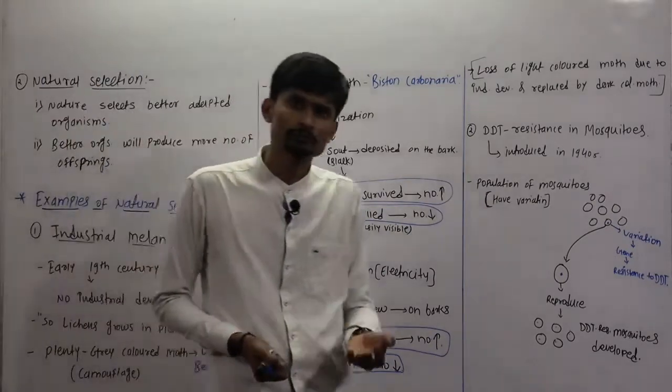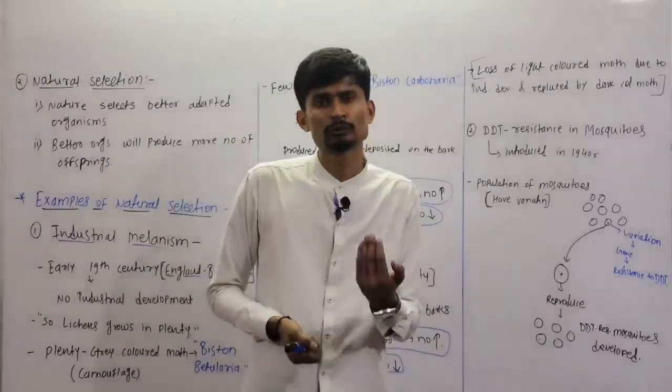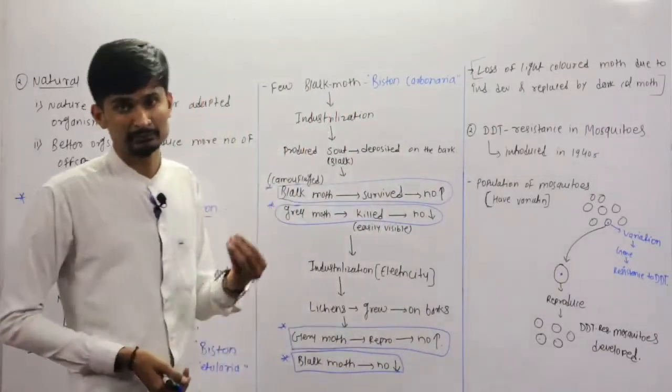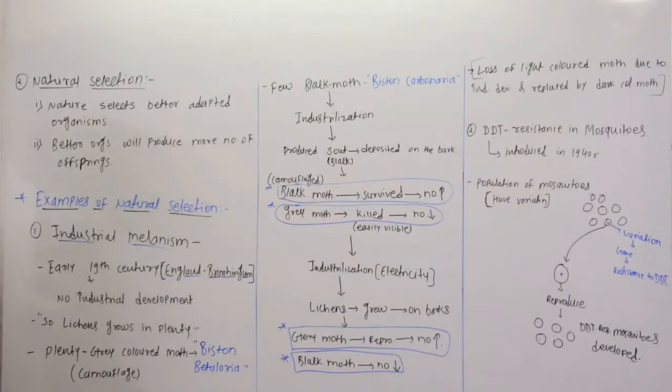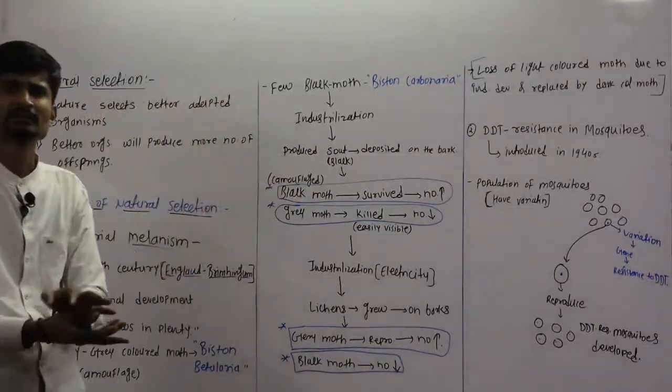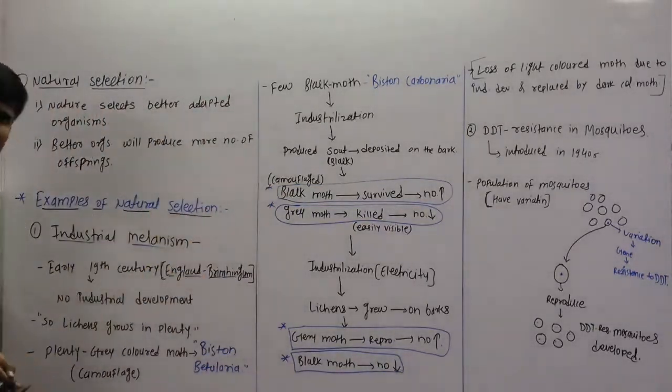You know that lichens do not grow in the industrial region. Lichens are indicators of pollution. So lichens grew in plenty on the barks of the trees in that region, because there was no industrial development.